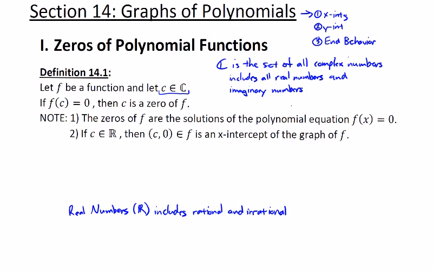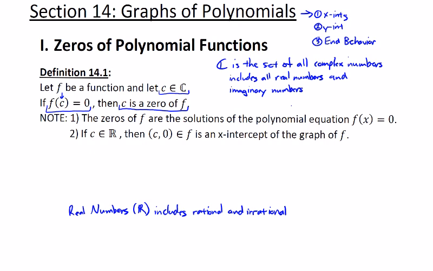So if f of c is equal to 0, so if we have some number that we can substitute into the function and the answer ends up being 0, then that number that we plugged in is called a zero of that function. So some things that are worth mentioning about the zeros.